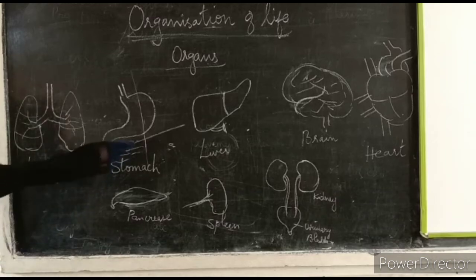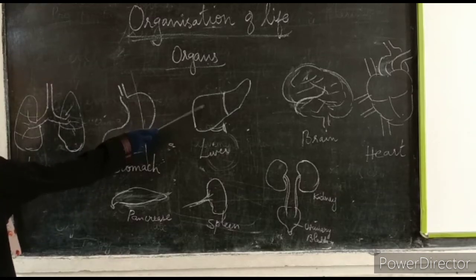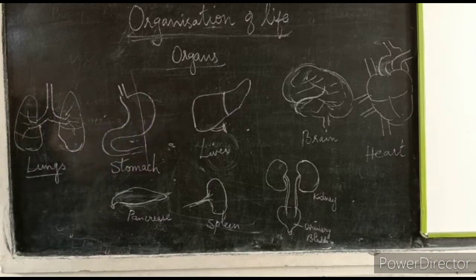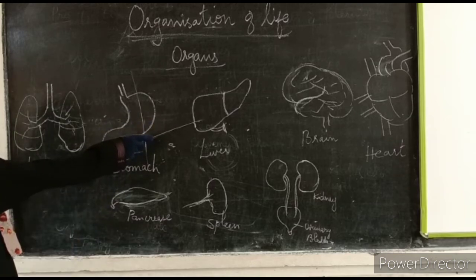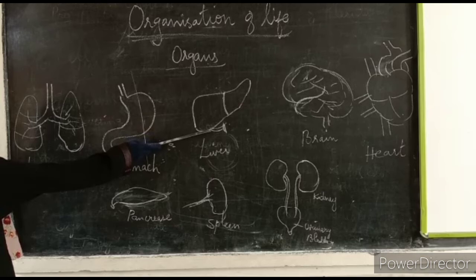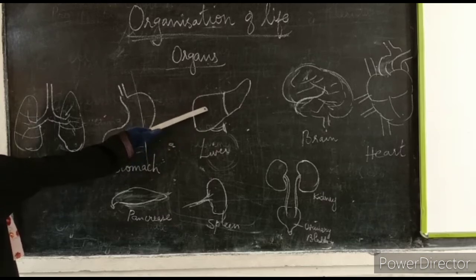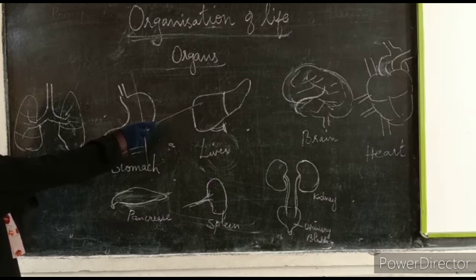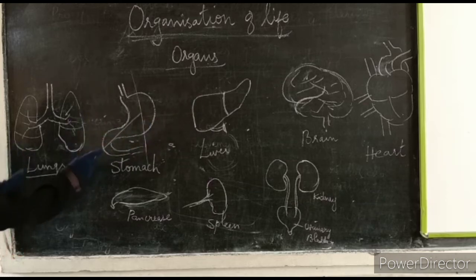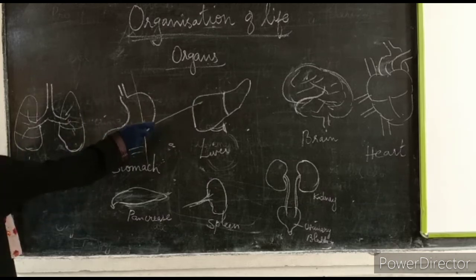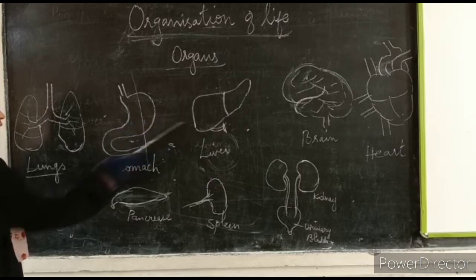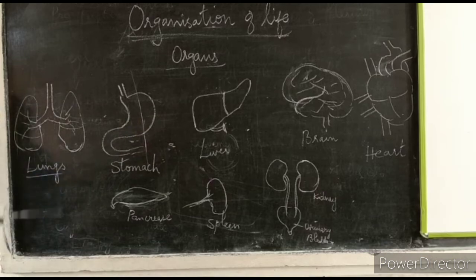Okay? Gallbladder is present in between this liver. Liver produces bile juice, and that bile juice moves towards the gallbladder and is stored there for the time being. If you eat any food particle, the bile juice from the gallbladder comes through the bile duct and enters the duodenum.